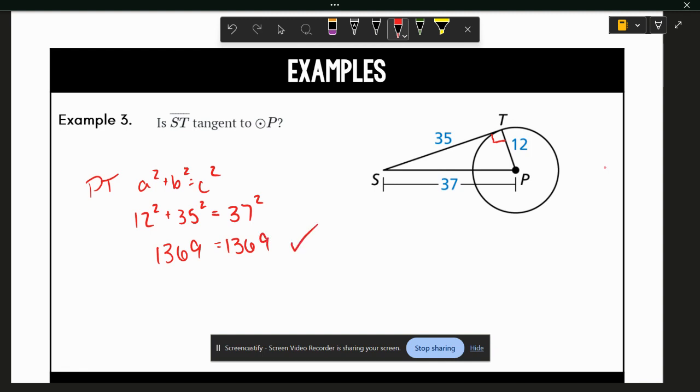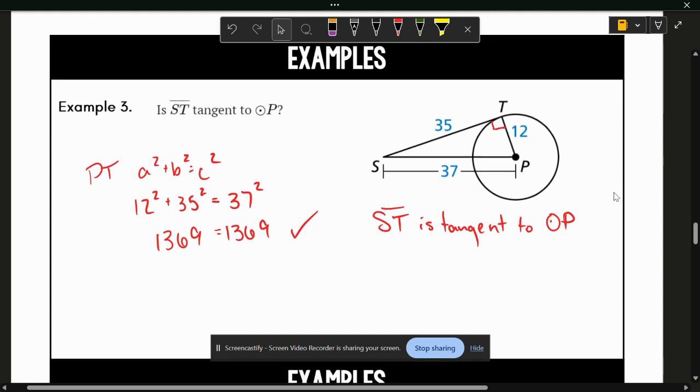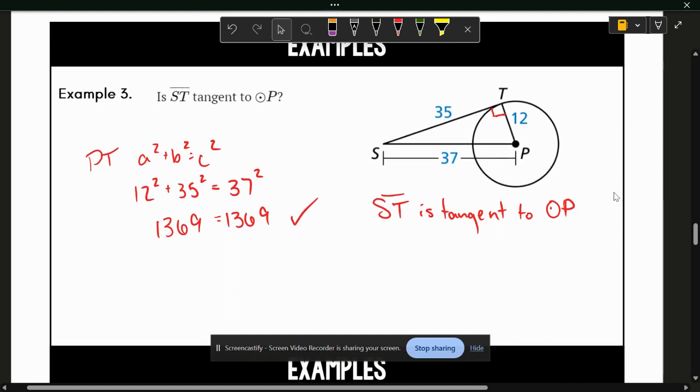So ST is tangent to circle P. Questions at all?